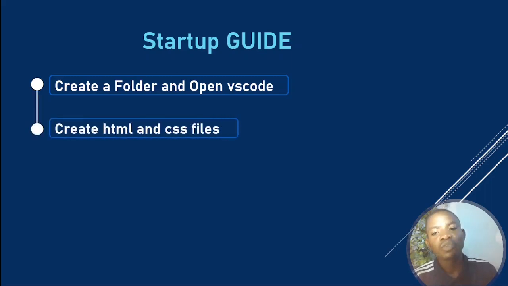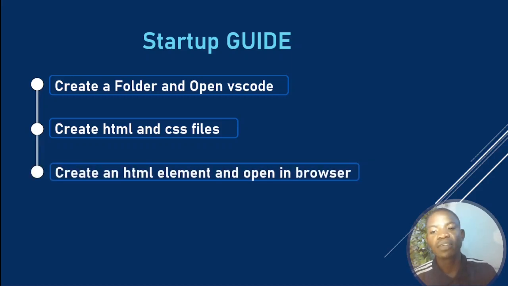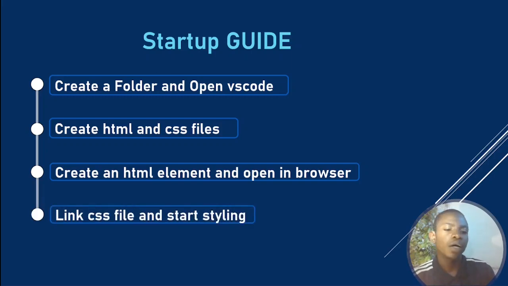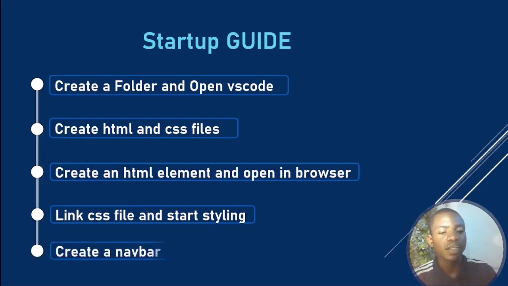So immediately after that, we are going to create HTML and CSS files. After creating our HTML and CSS files, we are going to create an HTML element and open it on the browser so that you'll be sure that what you are doing is actually working. That is very important. And after that, we are going to link what we have created in HTML to our CSS and start applying some basic stylings.